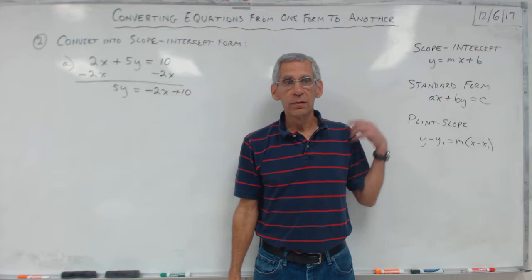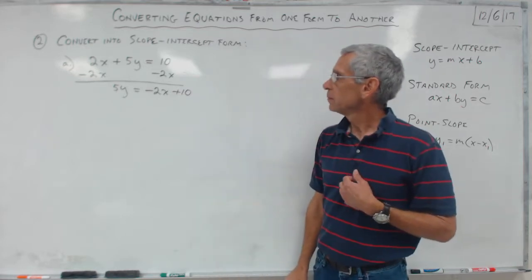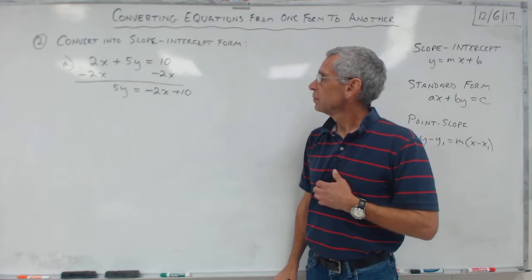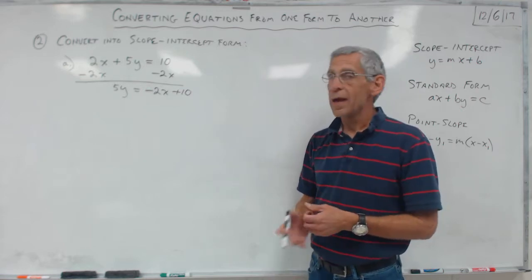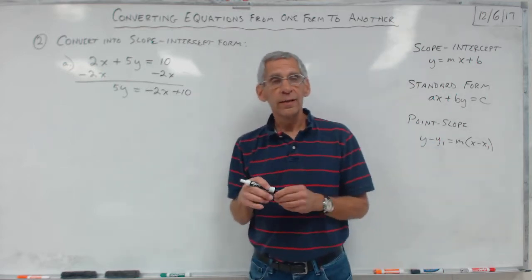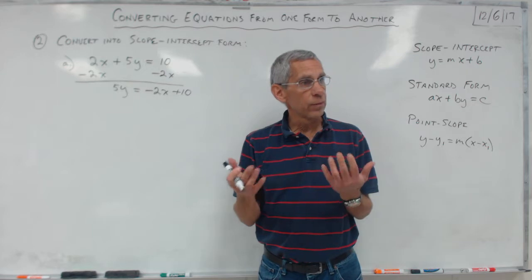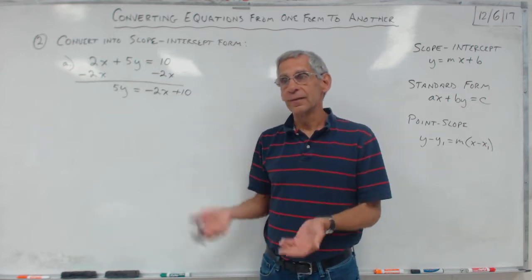I have a question. When you subtract 2x, why wouldn't it be 5y equals 10 minus 2x? Or would that work also? You can do that, and you will sometimes see that in books. And you would still consider that slope-intercept form. The problem with it is I like consistency.